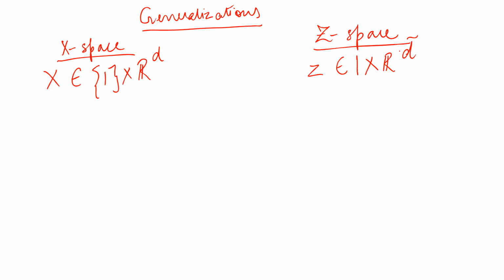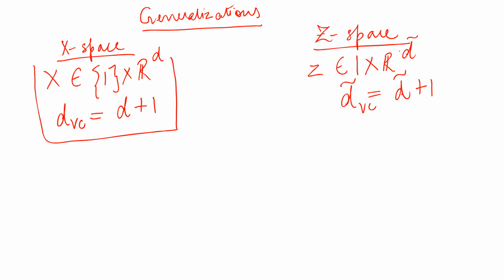Now if we talk about the VC dimension for the X space, that's going to be D plus 1, and for this new space, it's roughly D tilde plus 1.